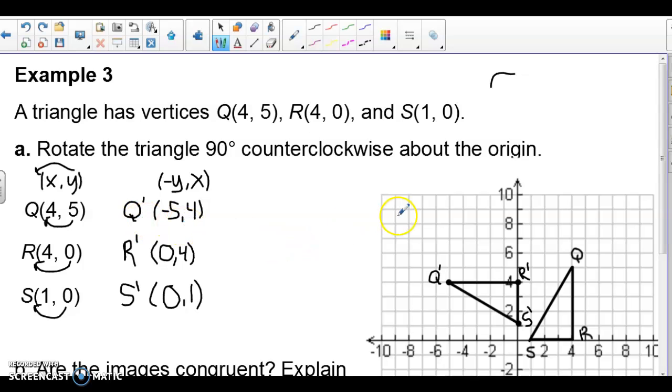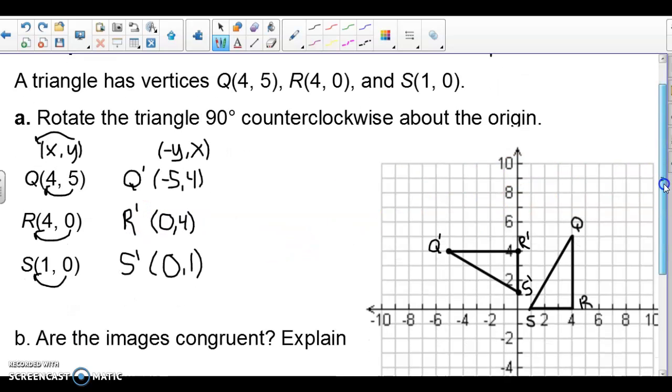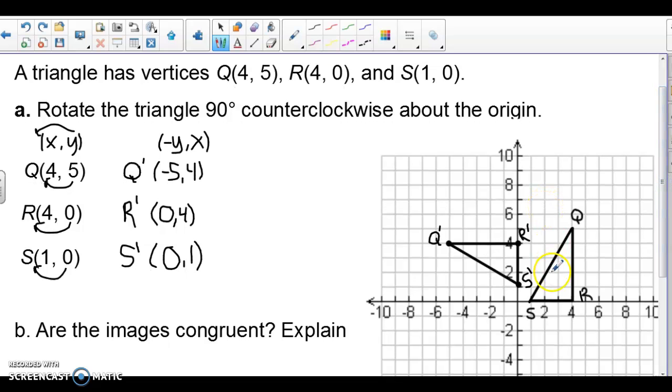So for B, it says, are the images congruent? Explain. Well, what does congruent mean? Congruent means the same size and shape. Are these the same size and shape? They are. They might not look it. This one looks a little smaller, but they are the same size. This is 1, 2, 3 away, 1, 2, 3 away.